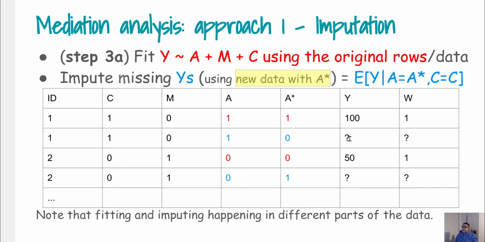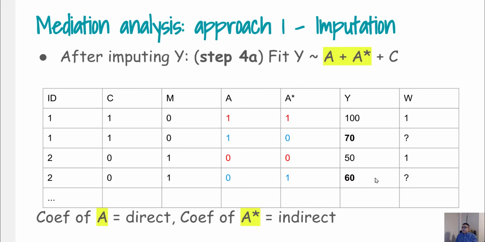And then based on this fit, we will get some values of these question marks, right? Say for example, when we fit, we essentially get 70 or 60 for those question marks in the step 3.